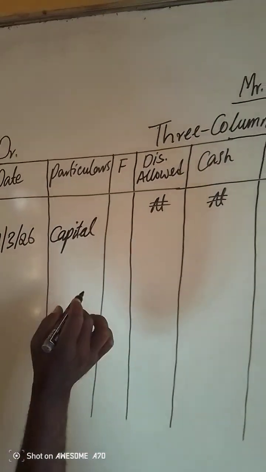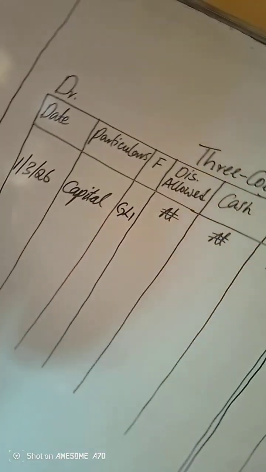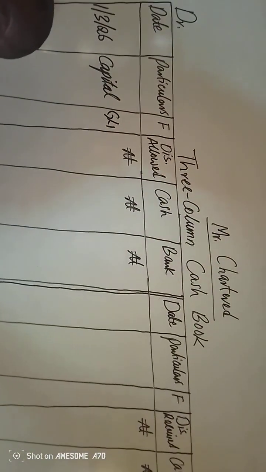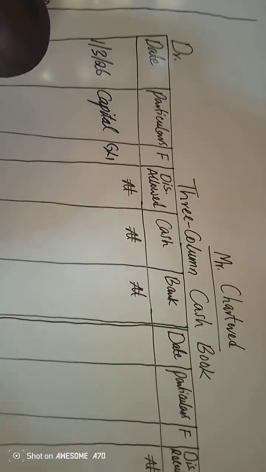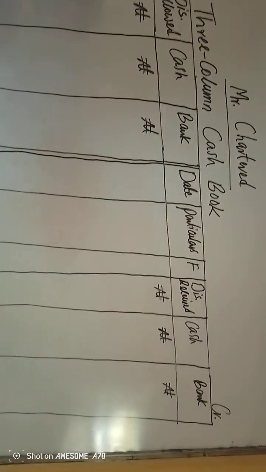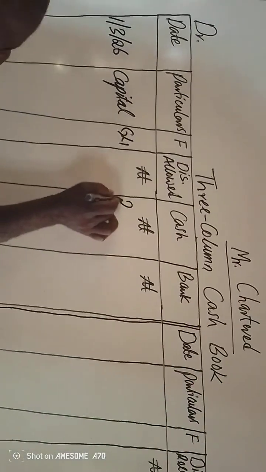Then coming to folio, you say this is general ledger 1. Mind you, in a separate video, I am coming to address the issue of folio in a very standard and clear way, and why we call capital general ledger 1. Then under cash, the amount is 200,000.